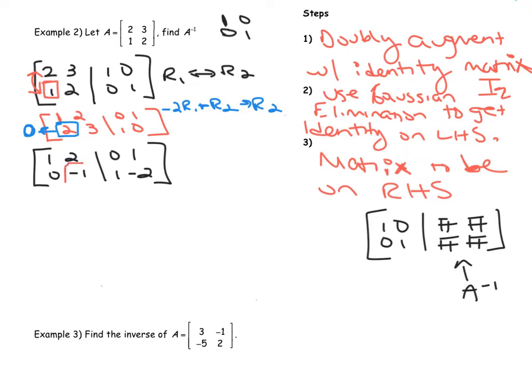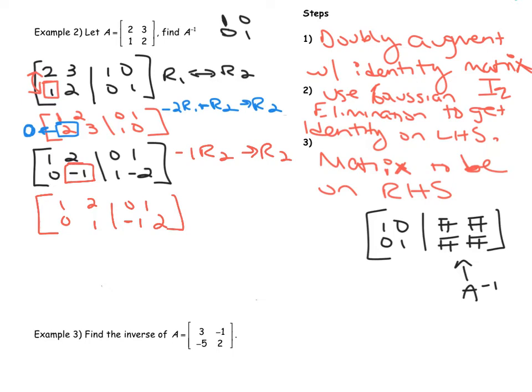I want that to turn into a 1 now. So what should I be multiplying the second row by? Very good. We're going to multiply the second row by -1 to get our new second row. So nothing changed about the first row, and I'll have 0, 1, -1, 2. Awesome. All right, so far so good.